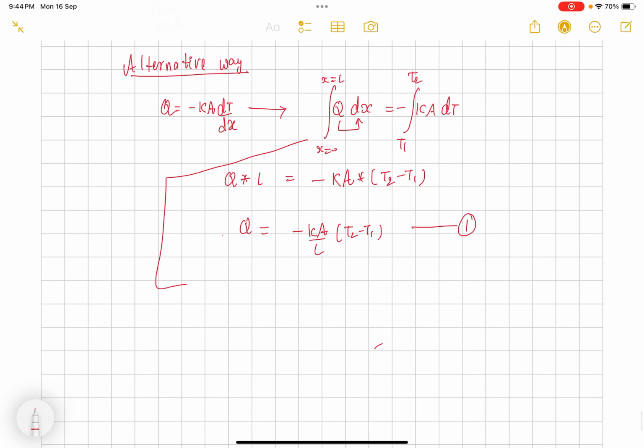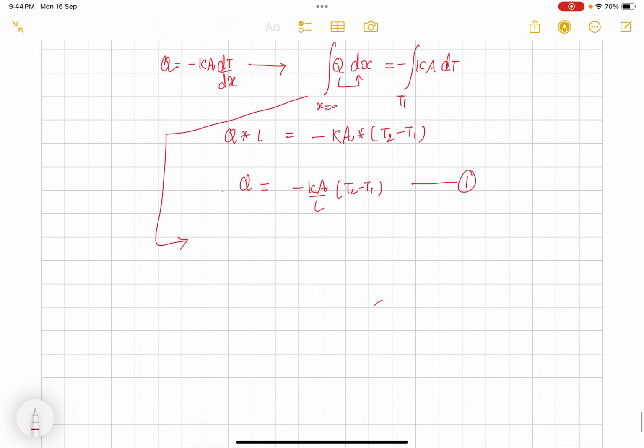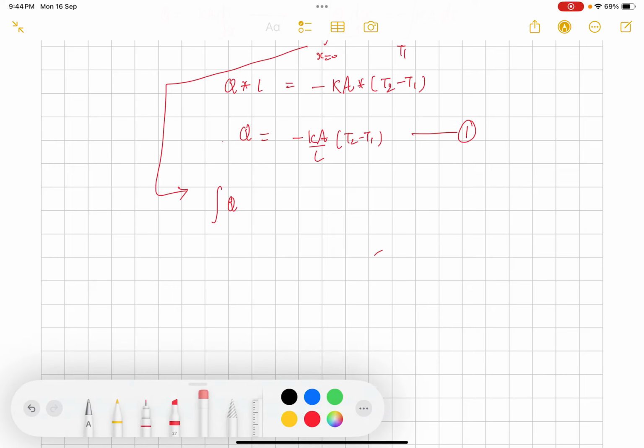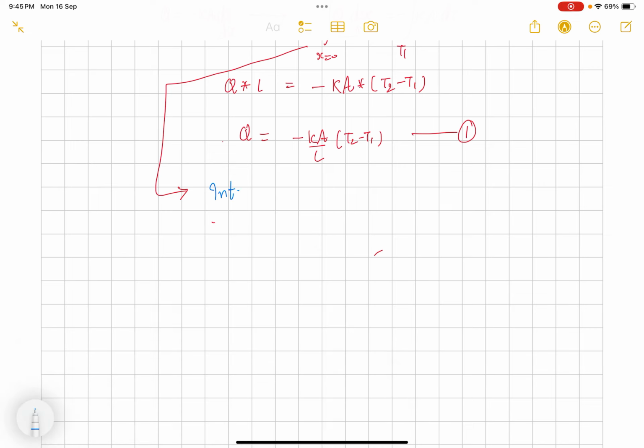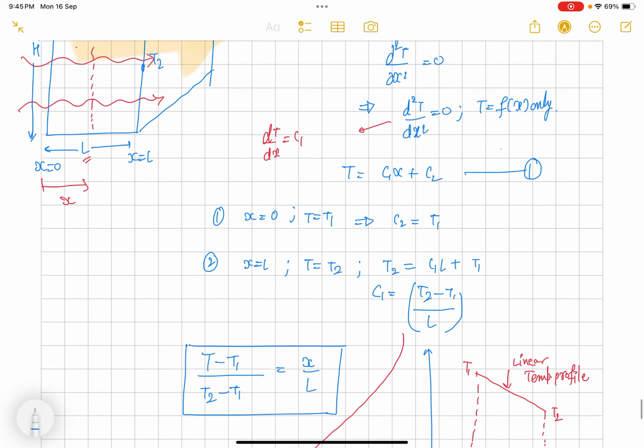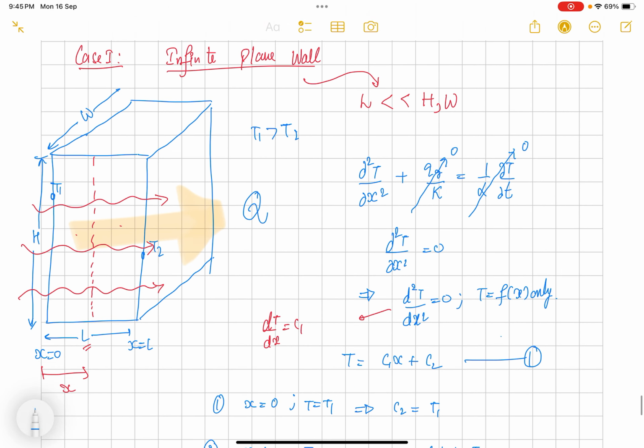Again integrate, but from x equal to 0 to x, and T equal to T1 to T, meaning at any x the temperature will be some T value, we don't know that.